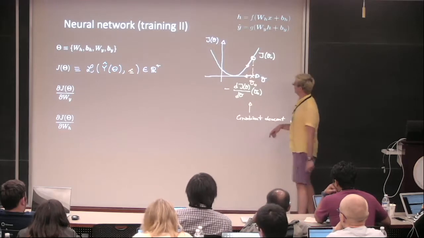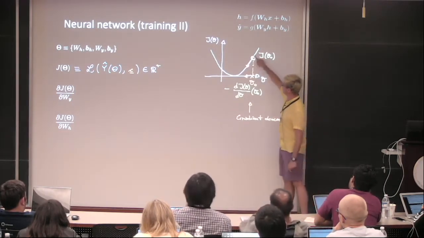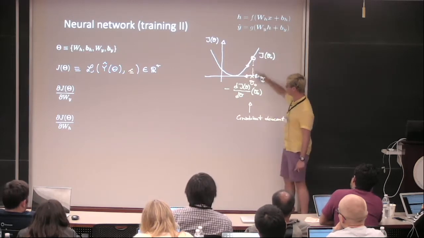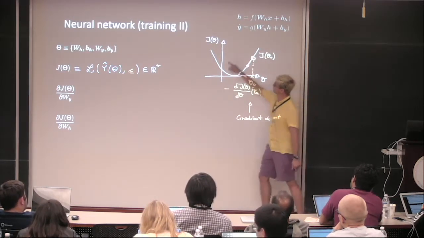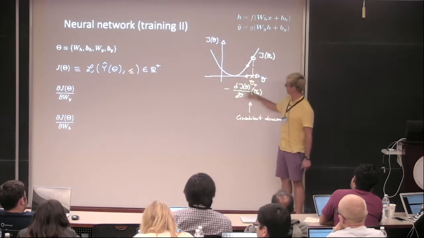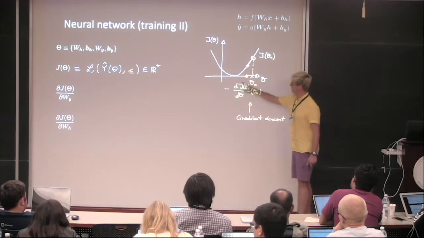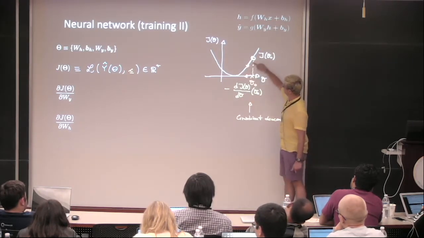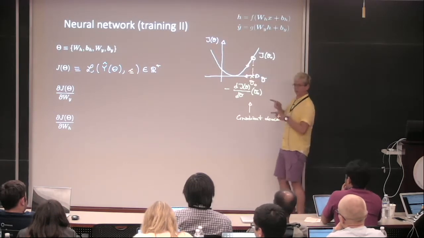How do you look for the slope? You check, what is this point here? What is the slope here? The slope here is going to be the derivative of my loss with respect to this guy right here, computed in theta 0, right? So this guy here expresses the slope here.